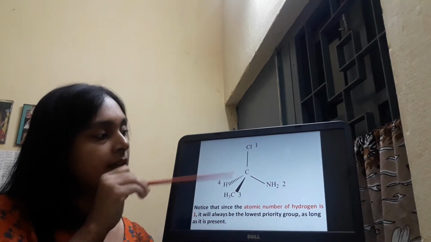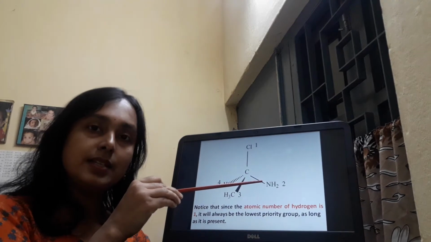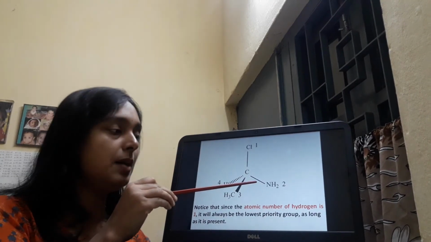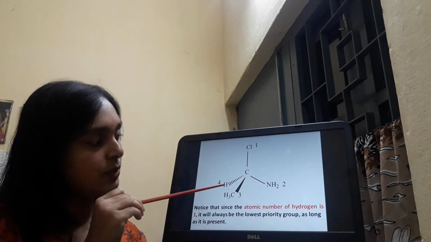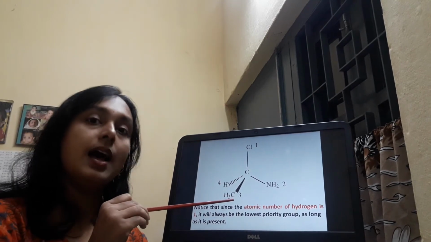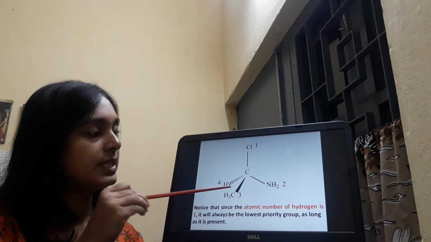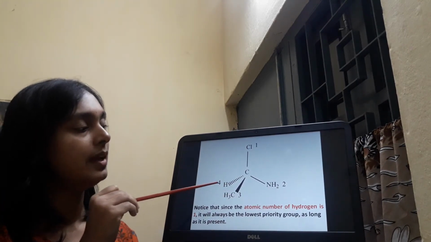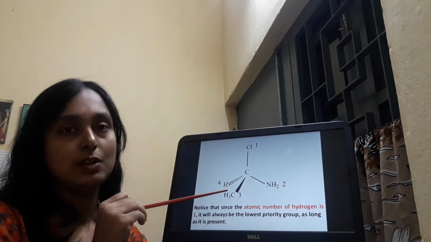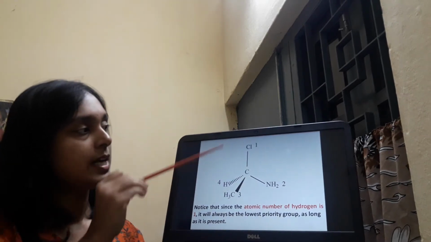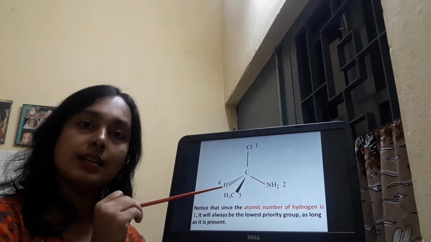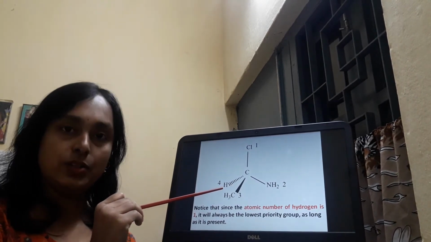Among the remaining three, nitrogen has the highest priority because it has the highest atomic number. Then between hydrogen and carbon, carbon has the higher atomic number. So the CH3 will be given third priority and the last one will be hydrogen because it has atomic number 1. So first priority chlorine, second NH2, third CH3 and fourth our hydrogen.